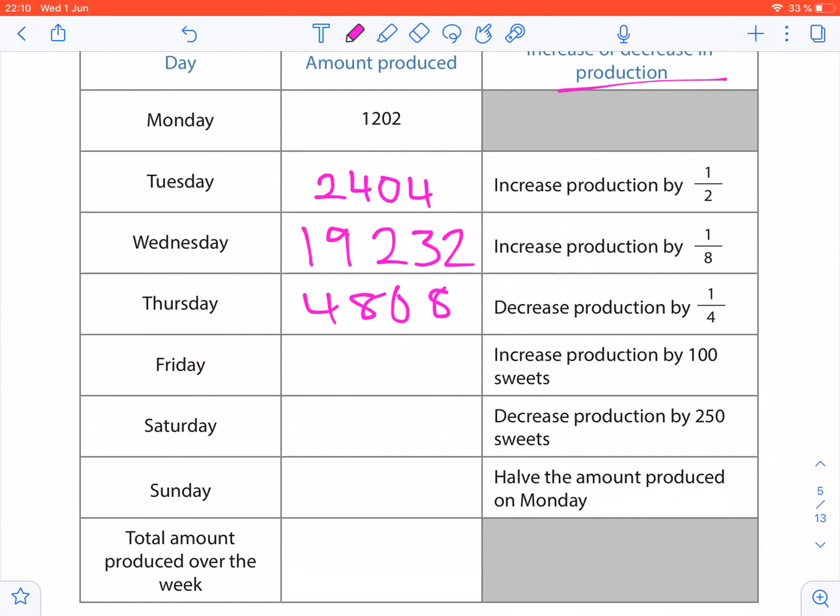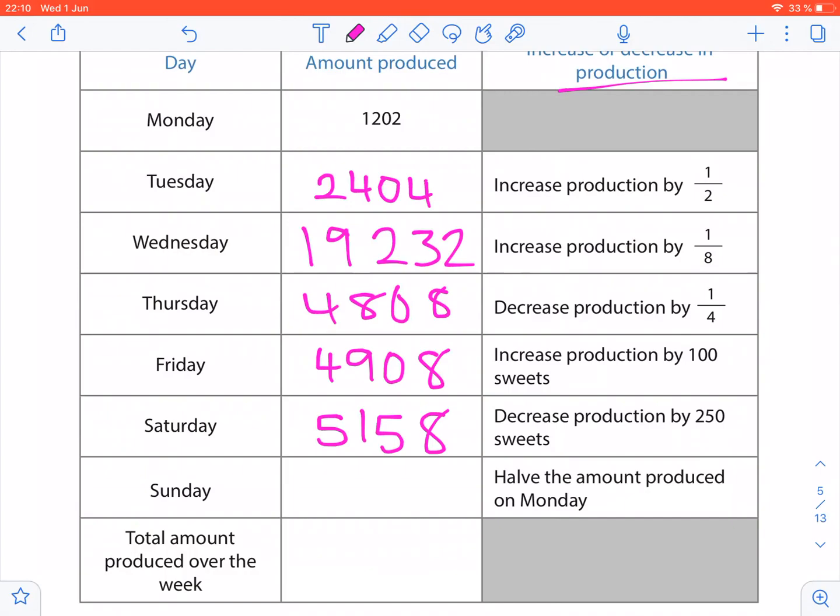Then increase production by 100 sweets. So I've got 100 more, so 4,908. Then decrease production by 250 sweets. So that gives me, so I add 250 to what I've got, that gives me 5,158.